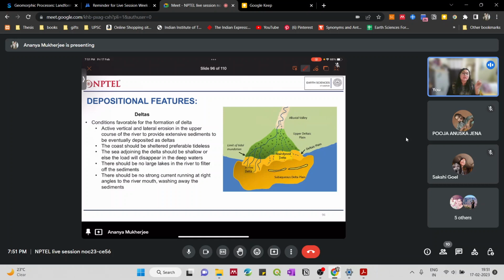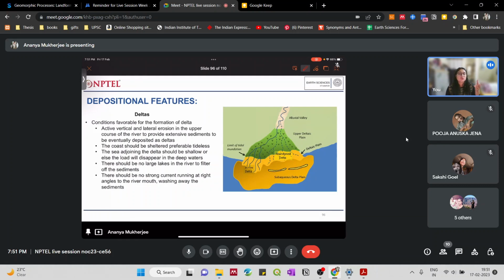Okay, so now deltas are not always formed wherever the river is meeting a larger water body. There are some conditions which have to be met for the delta formation.